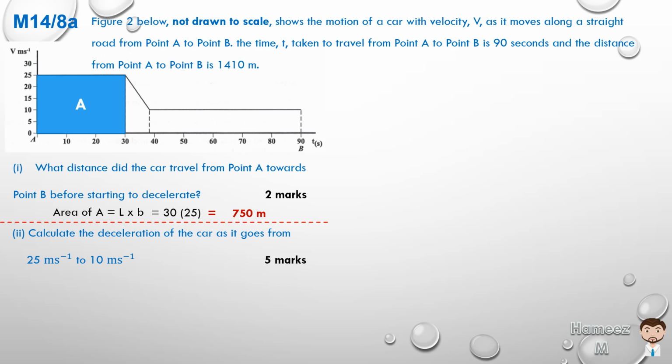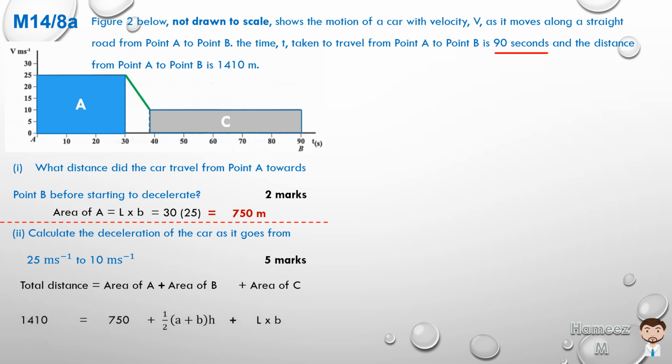Part 2. Calculate the deceleration of the car as it goes from 25 meters per second to 10 meters per second. So the total distance is equal to area of A plus area of B, which is the trapezium, plus area of C, which is the rectangle. And let's substitute what we know. So 1,410 is equal to area of A, which we worked out in part 1 as 750, plus the area of B, which is a half (a plus b) times h, plus the area of C, which is length by breadth.